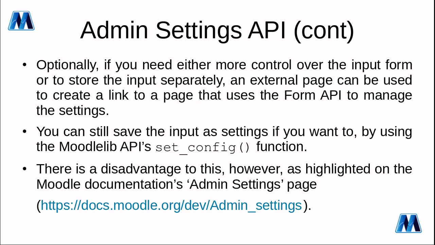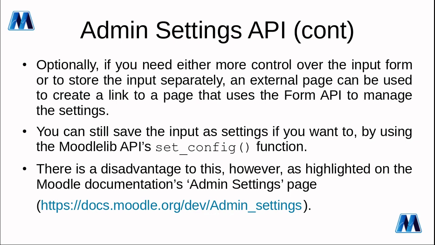Optionally, if you want more control over the input form and the management and the checking or validation of your form input, you can point to an external settings page. We've used that as an extension for the navigation in lesson 4 for our report plugin, but normally you would be pointing at a form which then gets the settings, does some validation or whatever, or changes the actual values, which it then saves as the configuration.